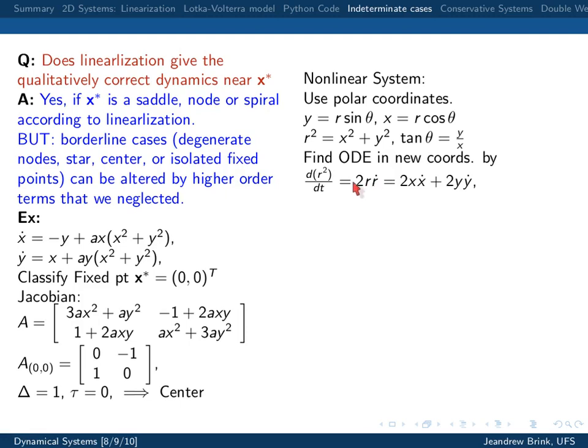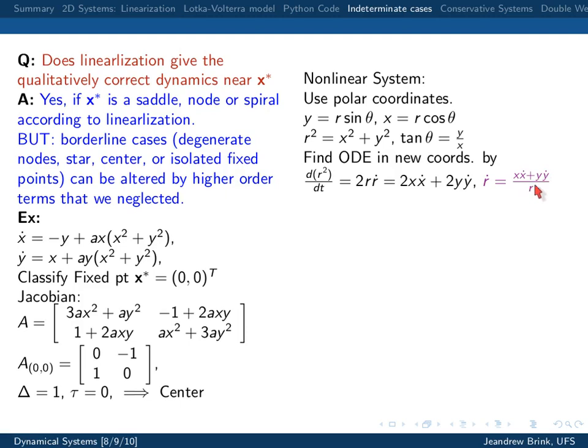And then I use the definition of r squared, and I simply write it out on this side, but that will be equal to 2x times dx/dt plus 2y times dy/dt. And so what I then get is that r dot is equal to x times x dot plus y times y dot, over r.